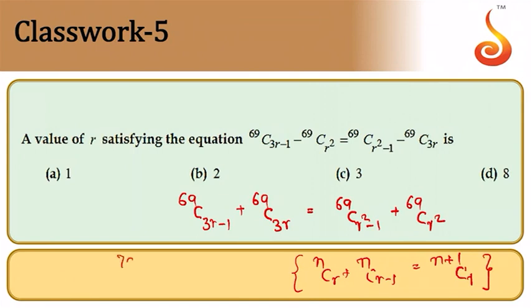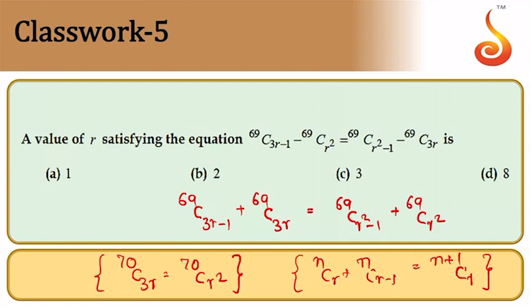Here we use the concept nCr plus nC(r minus 1) equal to (n plus 1)Cr. So we get 70C(3r) on one side, and here also 70C(r square).